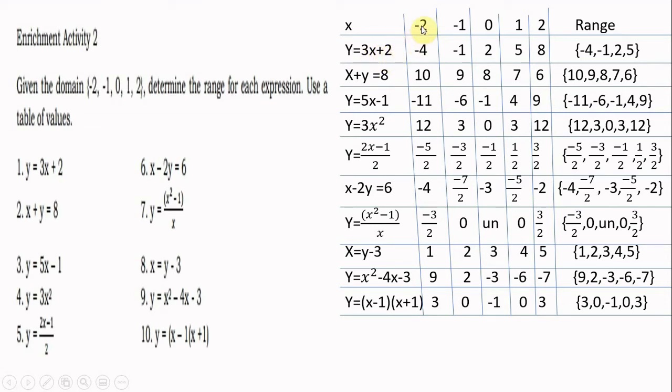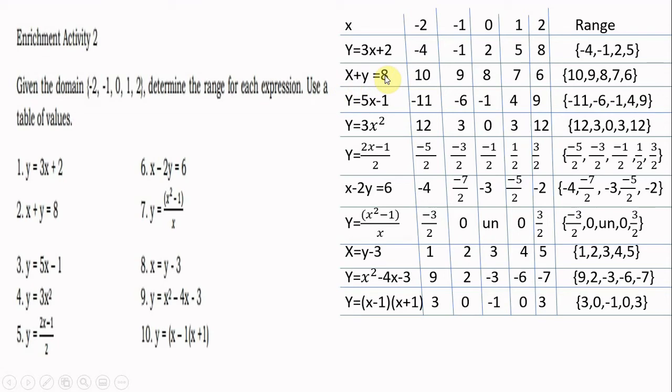When x is negative 2, substitute: 3 times negative 2, negative 6 plus 2 is negative 4. When it is negative 1, the value is negative 1. When x is 0, 3 times 0 is 0 plus 2 is 2. When x is 1, this would be 5. When x is 2, 3 times 2 is 6 plus 2 is 8.